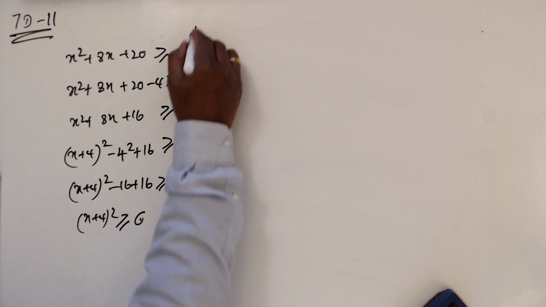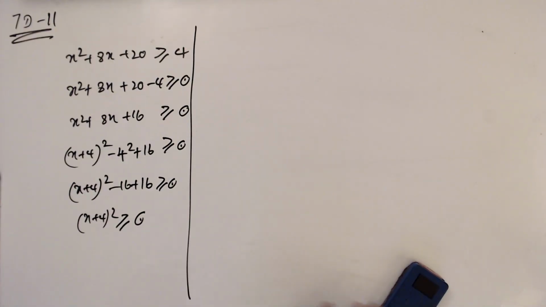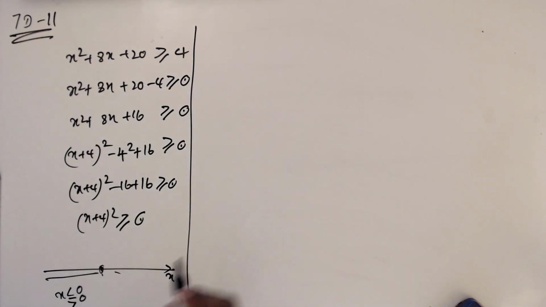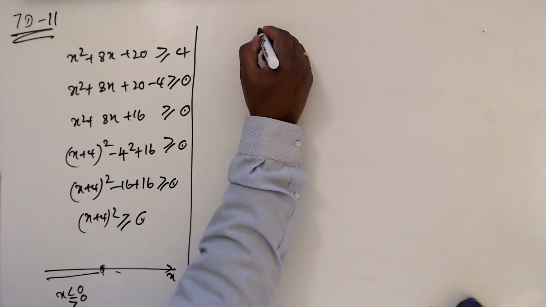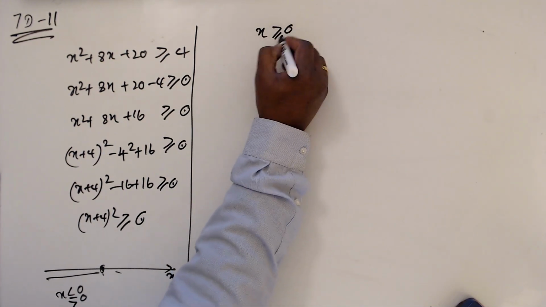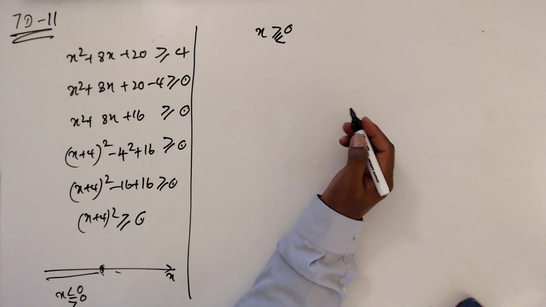We'll give the argument for this one. When you take the number line, this is x, all x. All x can be either negative, equal to 0, or positive. So I'll write x can be either greater than 0, equal to 0, or less than 0.